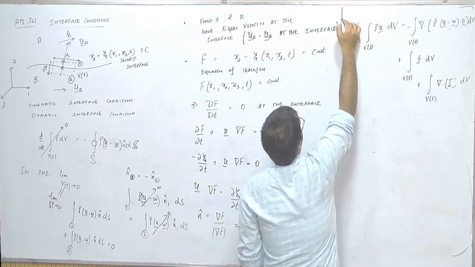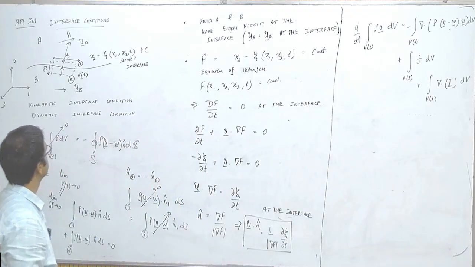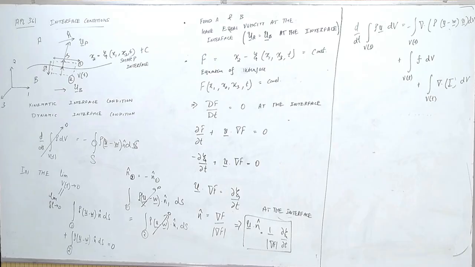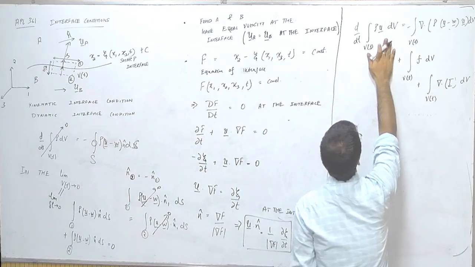Now, let us look at the dynamic interface condition, and for that this control volume equation will be useful for us.